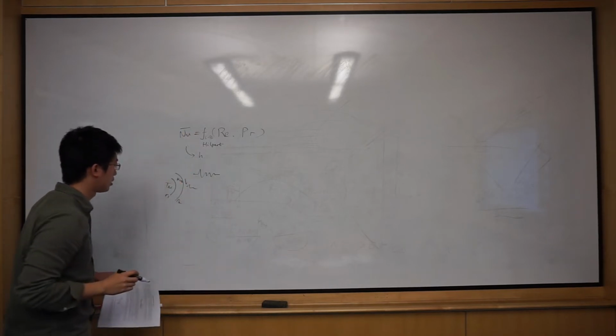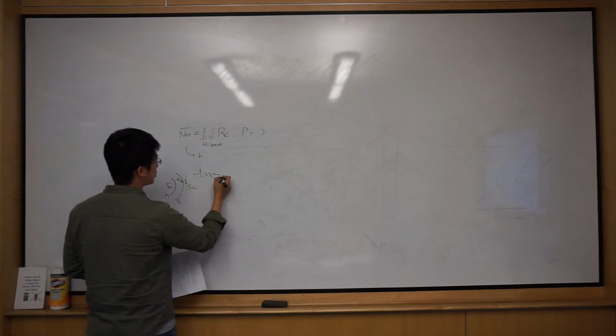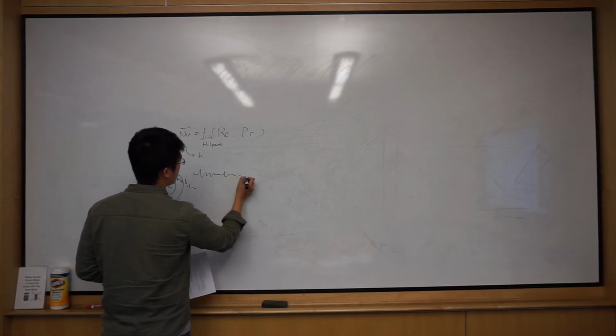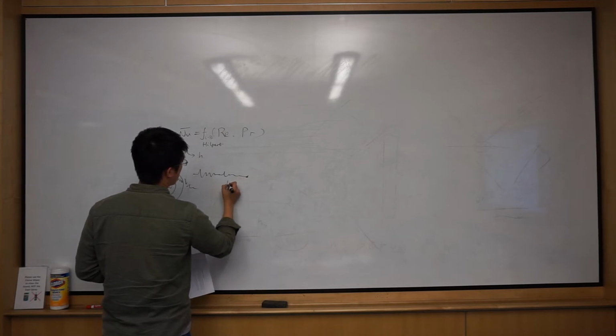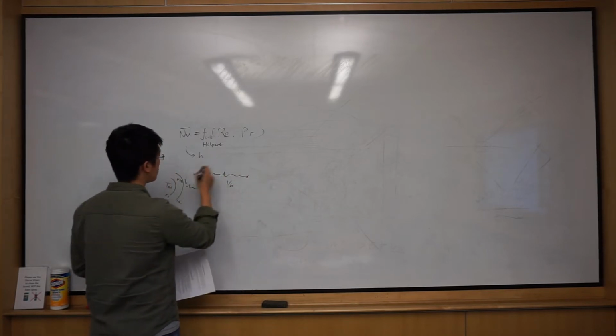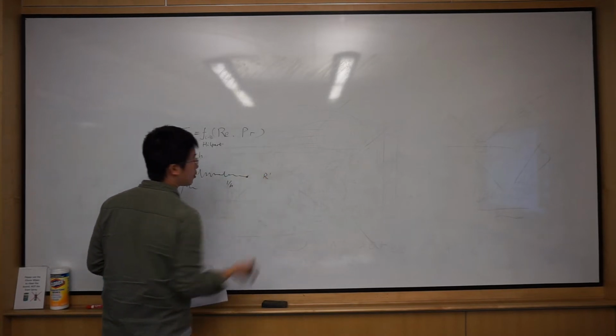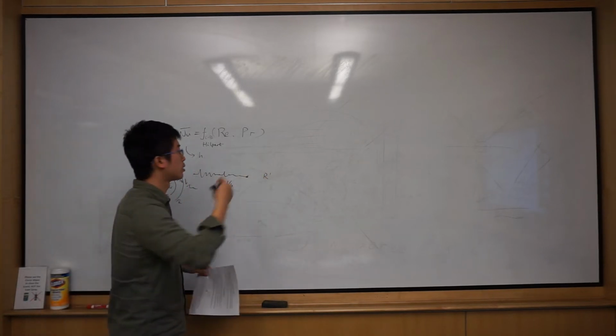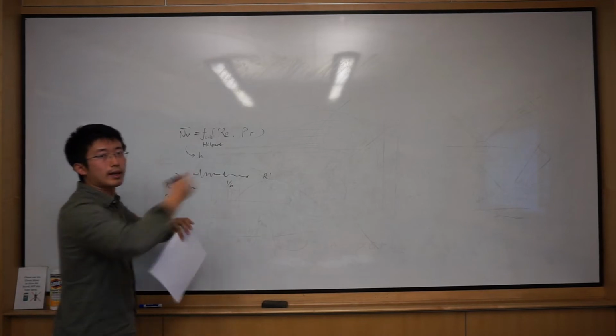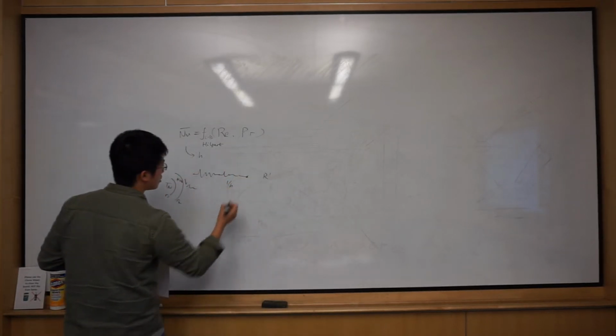So there are 2 thermal resistors, and this one is obviously like 1/h. Because it's a cylindrical system, we calculate R prime, the resistance per unit length, so the length of the cylinder is normalized.